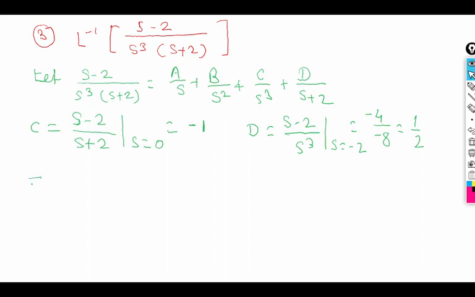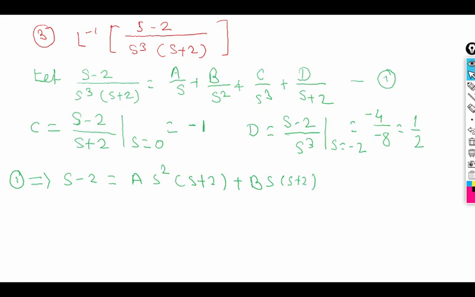So what we get here, this equation 1 gives us s minus 2 is equal to a, which we have not calculated, so a. When you cross multiply, one s gets cancelled, and you are left with s square into s plus 2, plus b into, now one s square gets cancelled, only s into s plus 2 left.